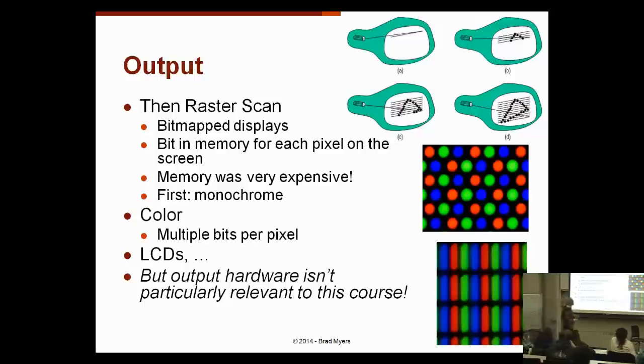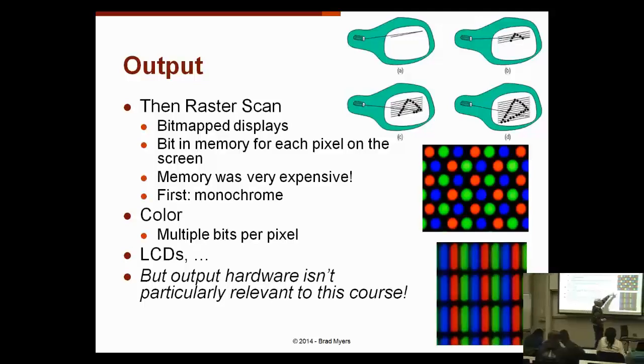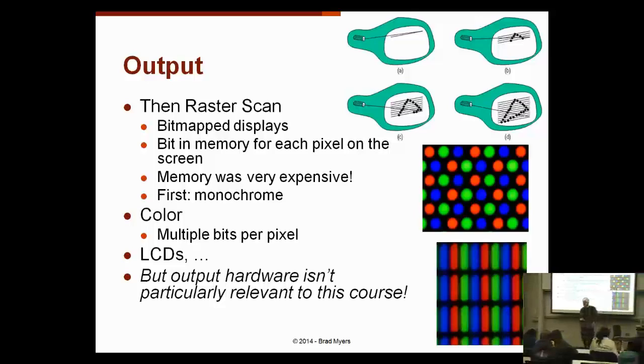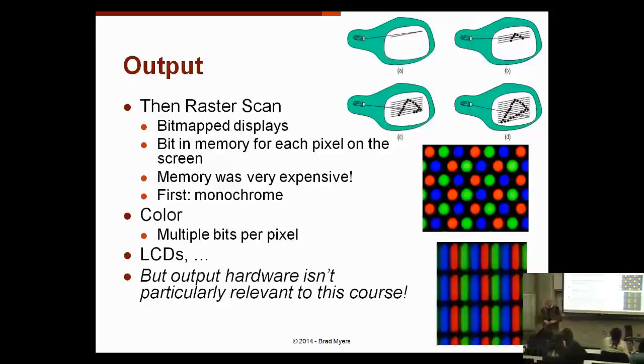Color TVs basically are the same thing, except the beam has to point at these little color dots. So if you take a magnifying glass and look at a color TV or a CRT screen, you'll see that there are actually all these little dots on the screen itself.